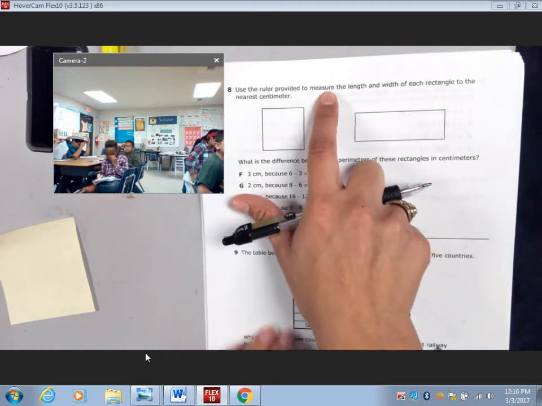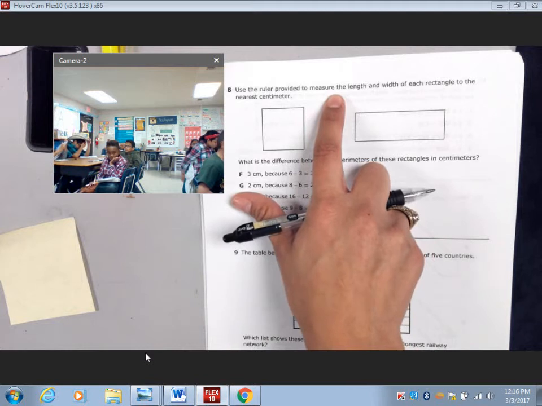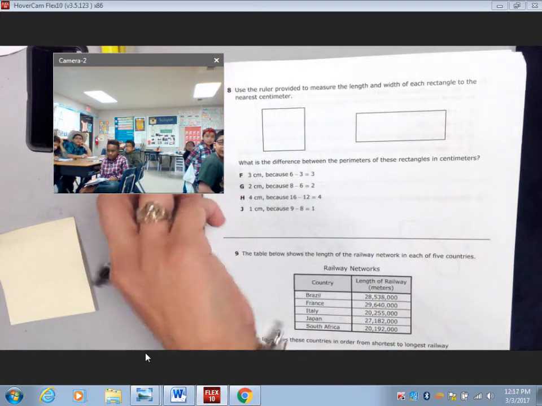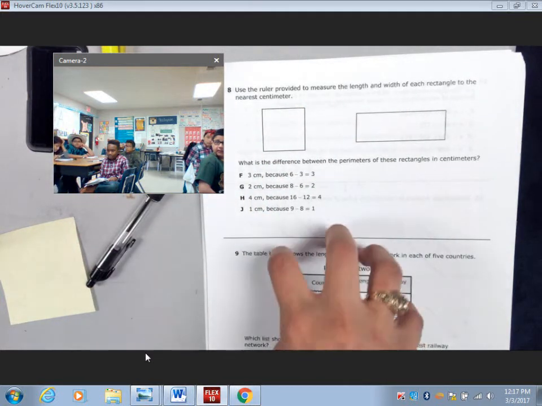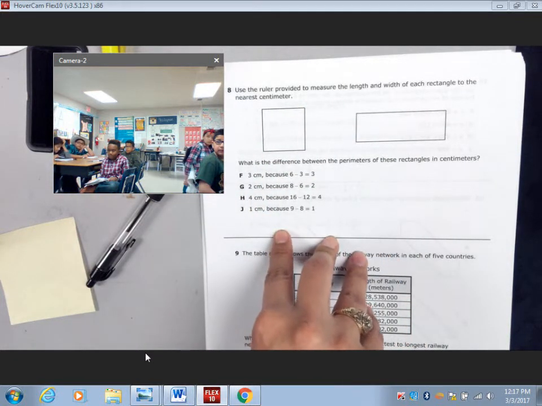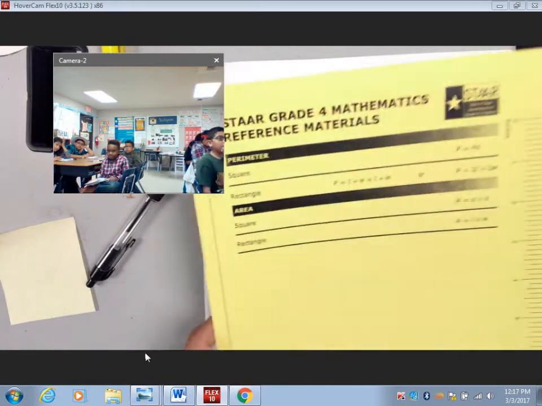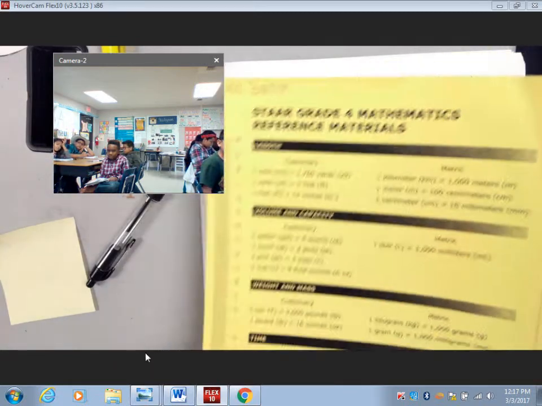use the ruler provided to measure the length and width of each rectangle to the nearest centimeter. To the nearest centimeter. So, on the test, you're always provided with a best friend. This is what we call our best friend. It's a reference material. Okay? We just call it our best friend because we promise to use our best friend.